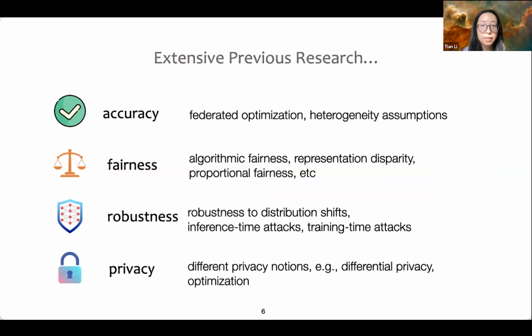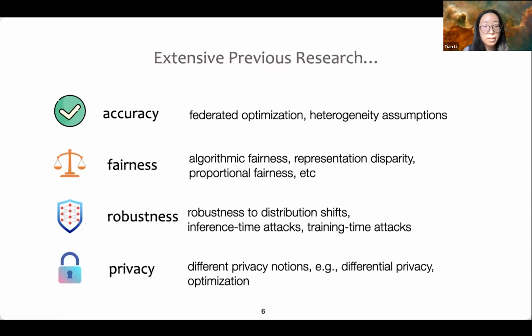For instance, in terms of accuracy, a ton of research has been done on federated optimization, various optimization techniques, either first order, second order with adaptivity or with variance reduction, or decentralized, centralized, and so on. And they have different assumptions under different settings and different ways of modeling the data heterogeneity across the network.